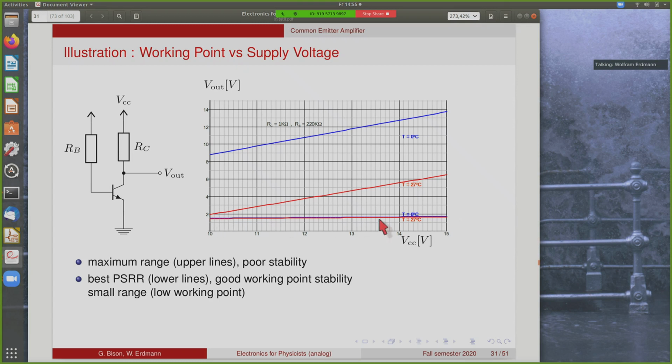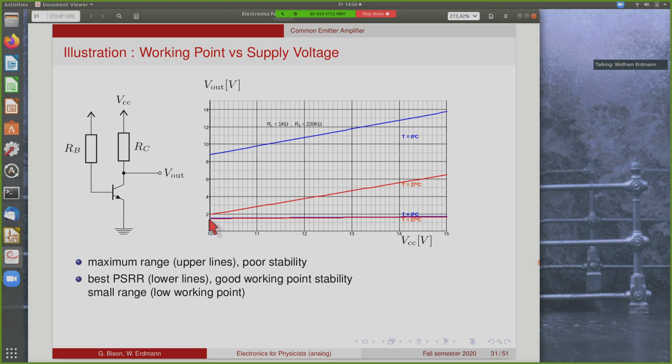So this is absolutely flat, while here you have a relatively poor stability, and you also have a large change with temperature. So your working point changes a lot with temperature, and that too pretty much disappears when you choose the biasing that is optimized for the PSRR.